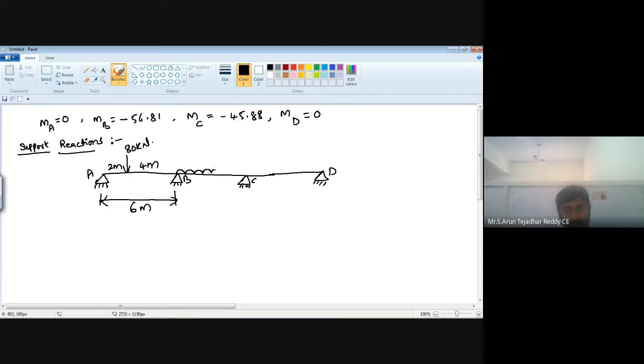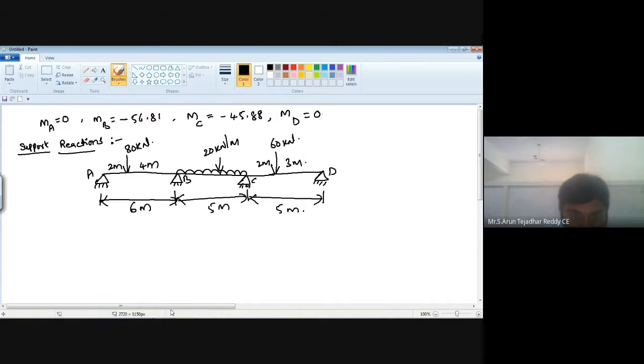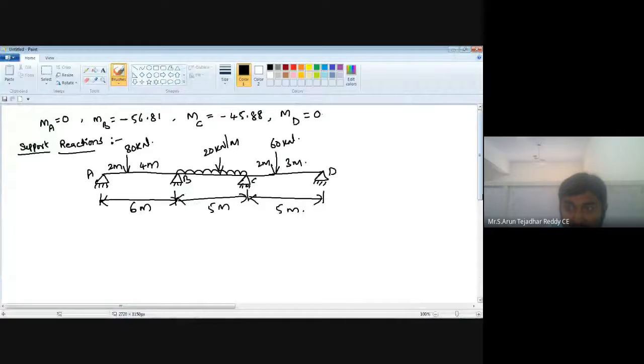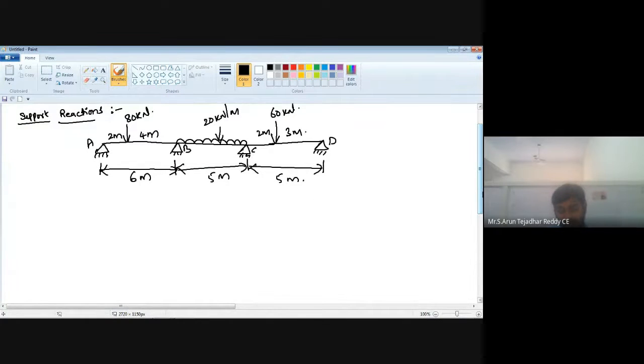Next, B to C, it is a uniformly distributed load of 20 kilonewton per meter, 5 meter span. From C to D, it is also 5 meter and it is an eccentric point load of 60 kilonewton. Here it is 2 meter, here it is 3 meter. Generally, this is the given diagram. So, based on the given diagram, try to find out the reactions RA, RB, RC, RD.